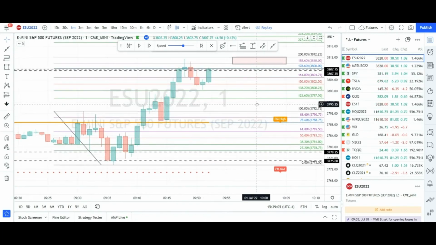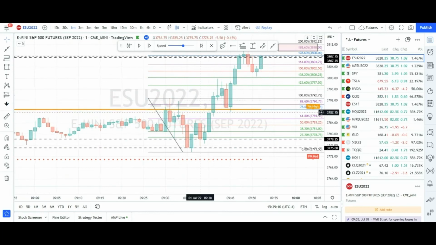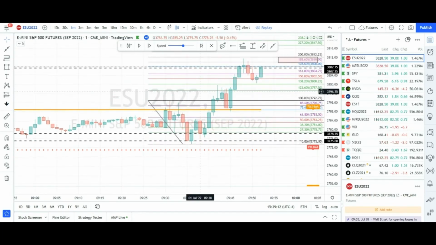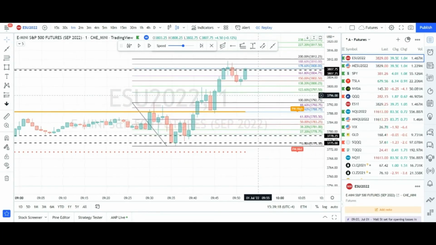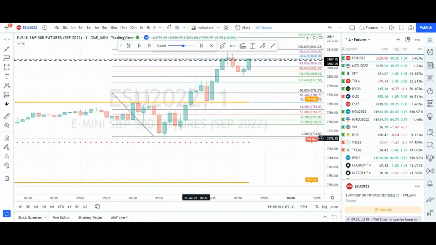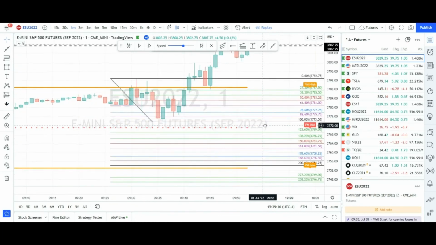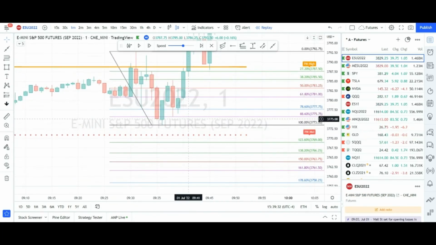You can see what these pre-market high and low levels are doing, what this Fibonacci level is doing, how I am using this Fibonacci level, and why I really love this 88.6%. It gives me an edge to go inside the trade with the minimum stop loss. I know before entering the trade where my stop loss is.